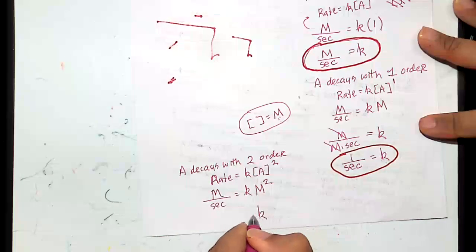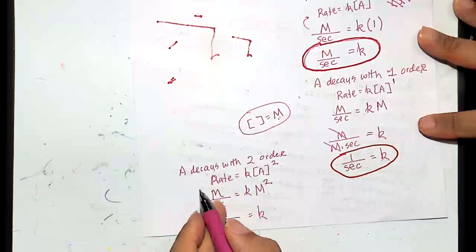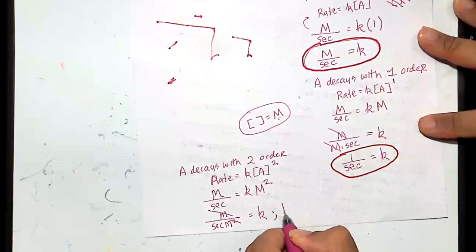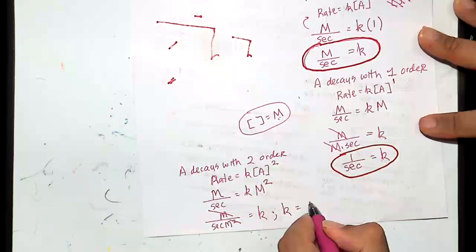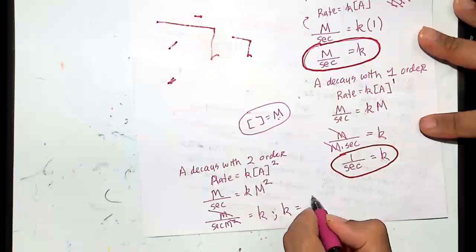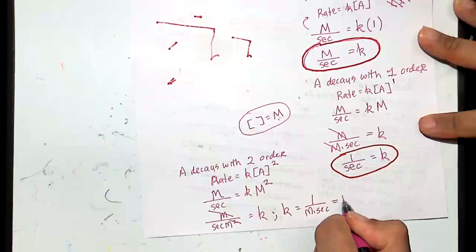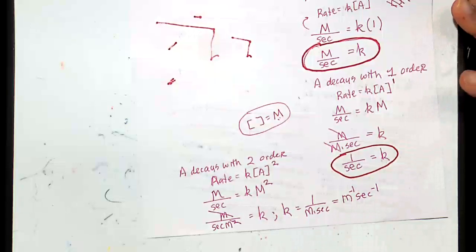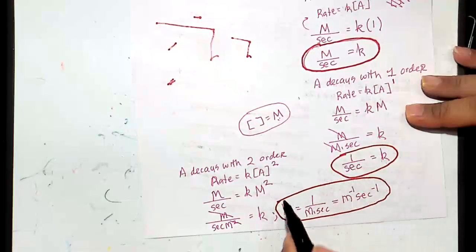One of these M's cancels out with one of these M's. So for second order decay, for this reaction A goes to B, the units of the rate constant are 1 over M times second, or you could say M to the minus 1 seconds to the minus 1.